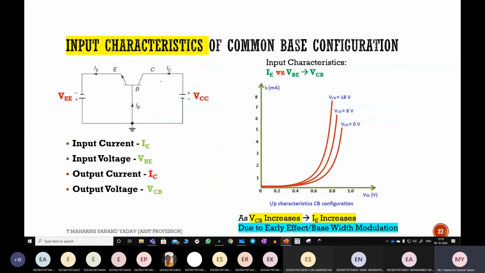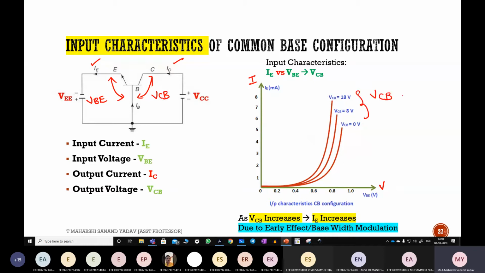See this graph. This is input current, this is output current. Here I'll get input voltage, here I'll get output voltage. So input voltage is nothing but VBE and output voltage is nothing but VCB, right? Again, the same characteristics: voltage versus current for different values of VCB.